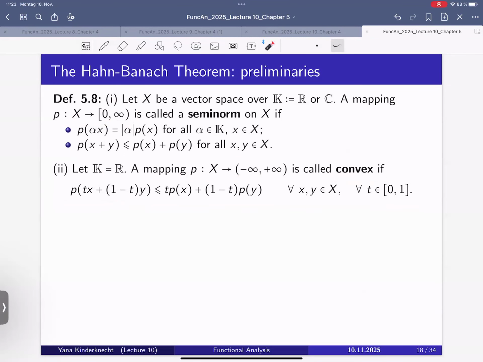We take two points x, y in X, and we take t from this interval. We consider such a convex linear combination of x and y, and P applied to this convex linear combination is smaller or equal than the corresponding combination of P of x and P of y. If the mapping were linear, this would be an identity, but it is not supposed that the mapping is linear. But we have such a kind of inequality.